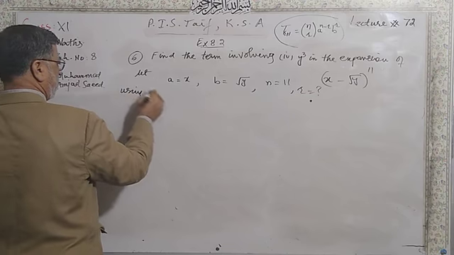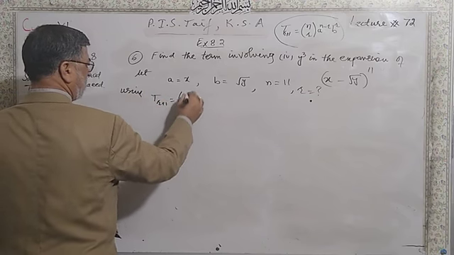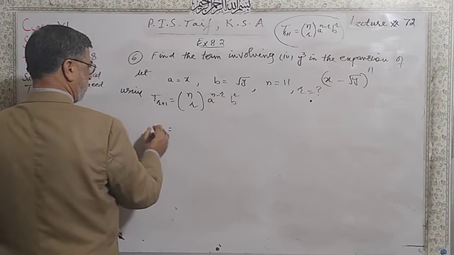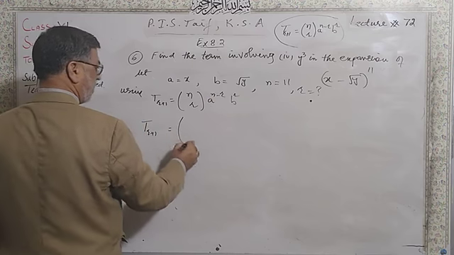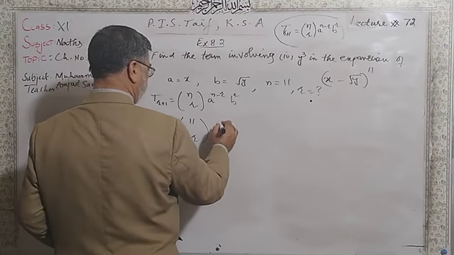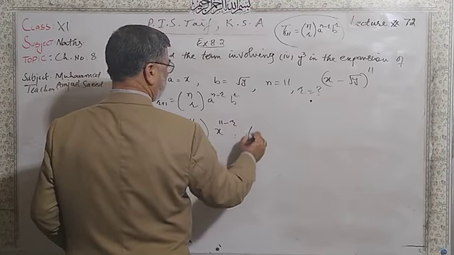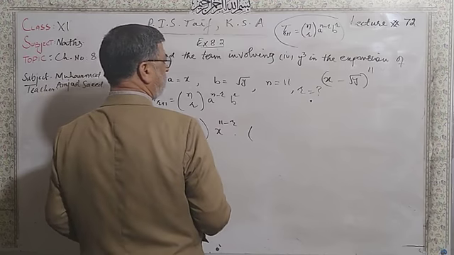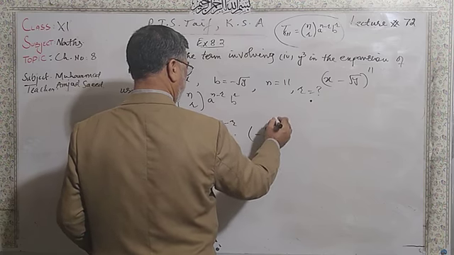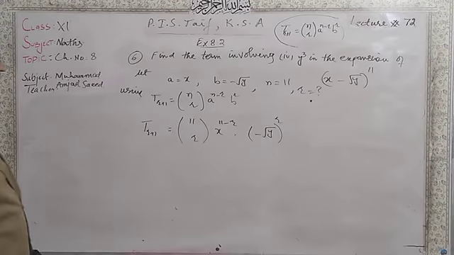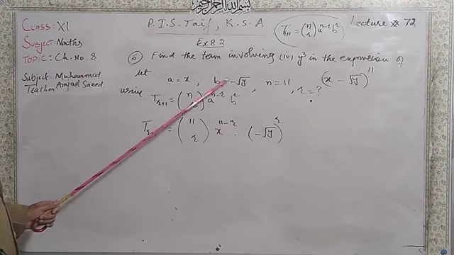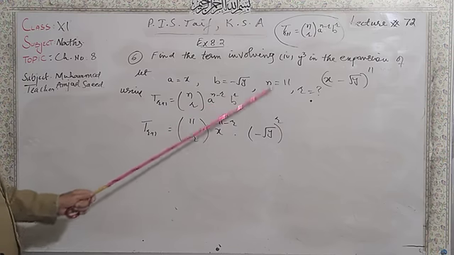Using T r plus 1 equals nCr a to the power n minus r b to the power r, T r plus 1 is 11Cr, A is x power 11 minus r, B is minus y under root, whole power r. So instead of A we applied x, and instead of B minus y under root, with power r.